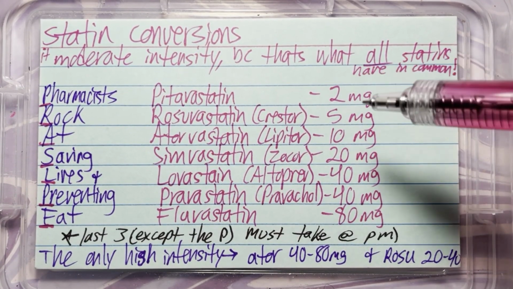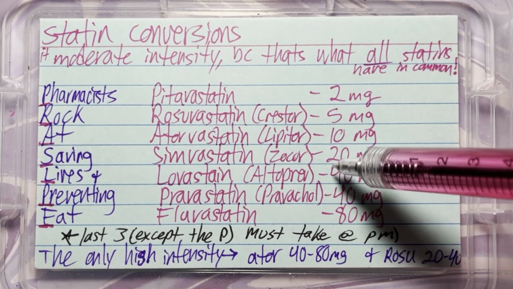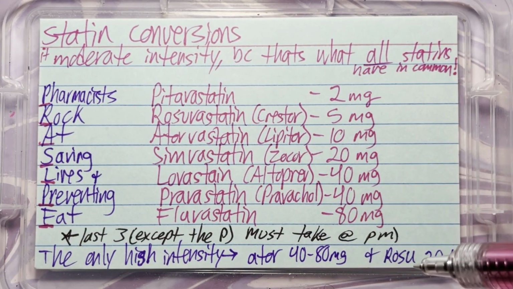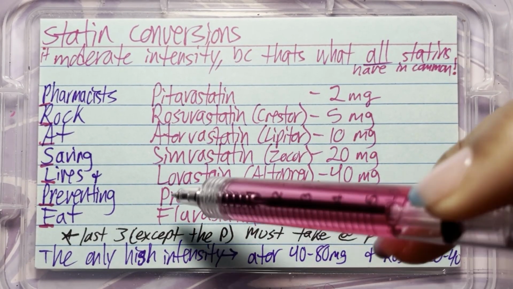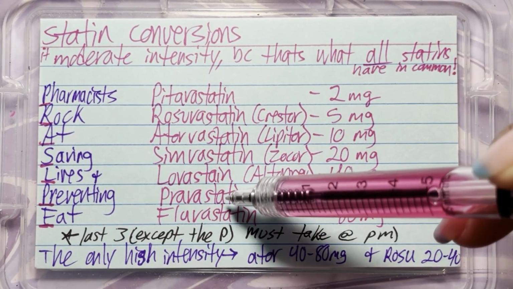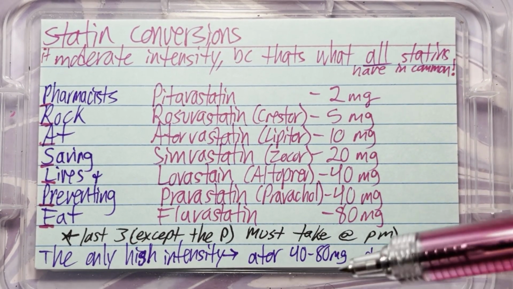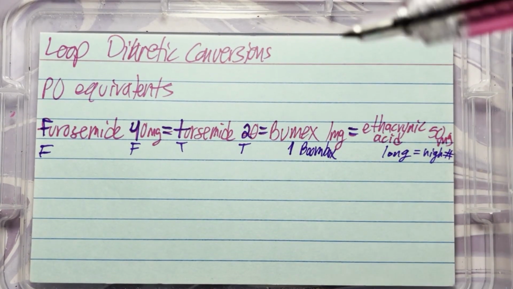There's two of the 40s. There's not two of the 20s. And the 40 is going to be LP, two 40s for the LP. And the last three, except the P, must be taken at PM. And the only high intensity statins are what? You should know that.